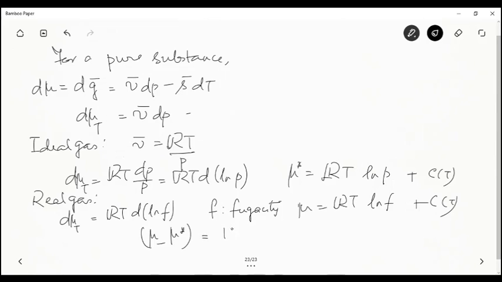You will get RT log of f by P, and this constant will get cancelled out.